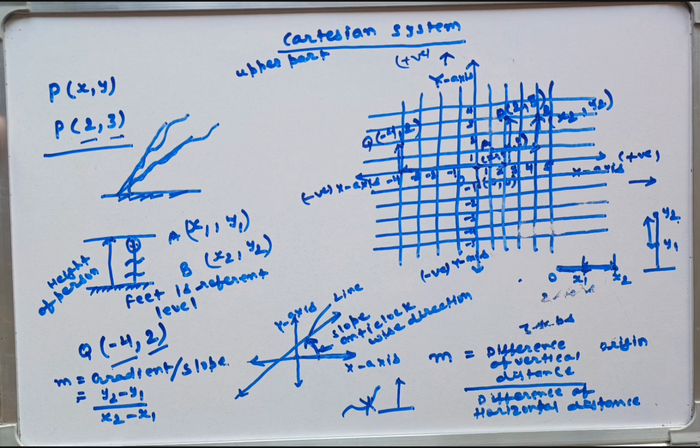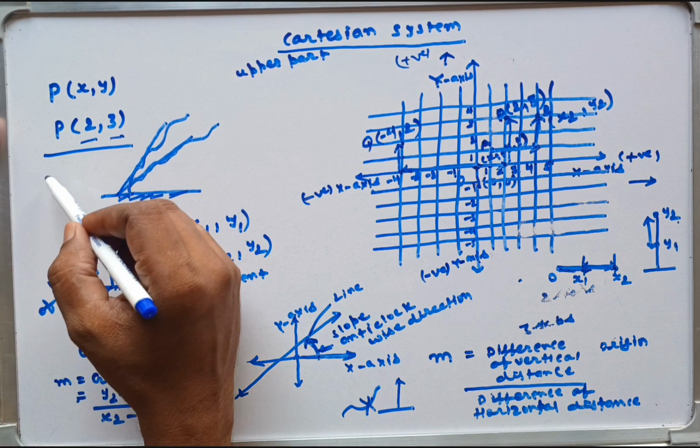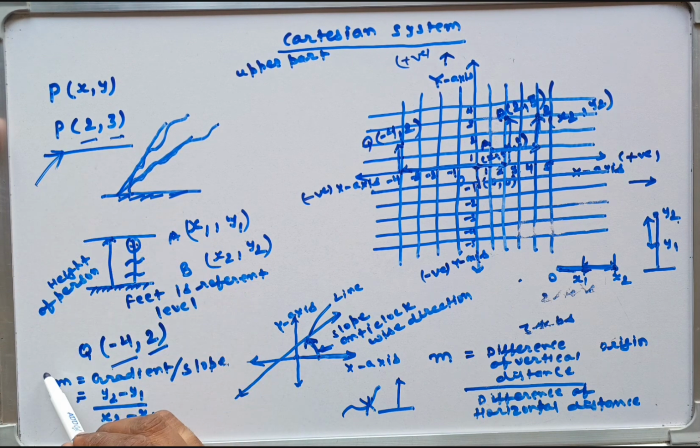Guys, consider our case P and Q. So what is the gradient of the line passing through these points?